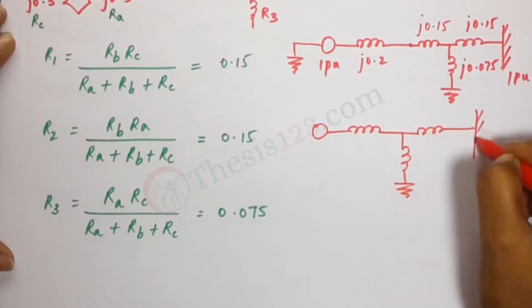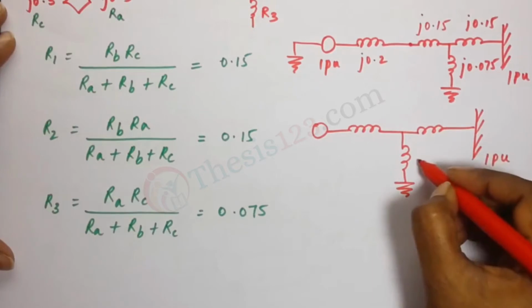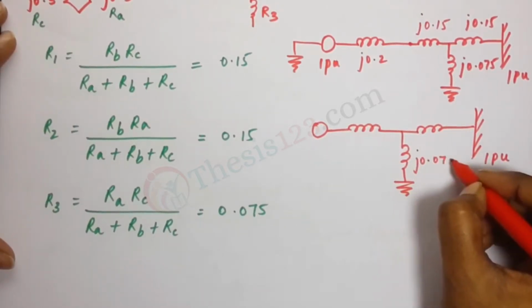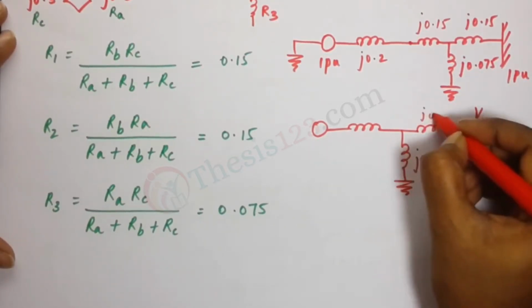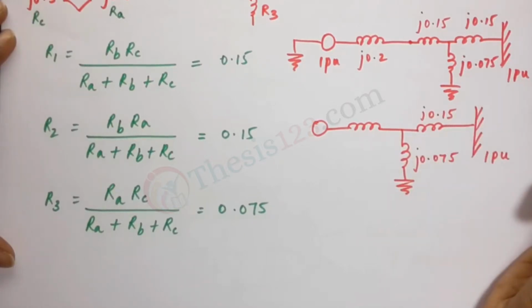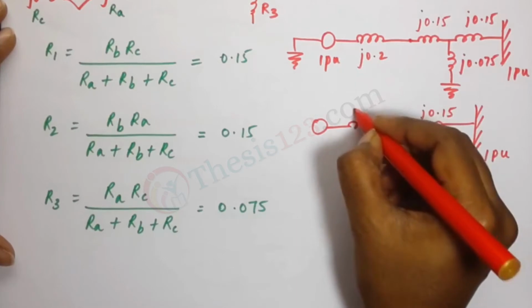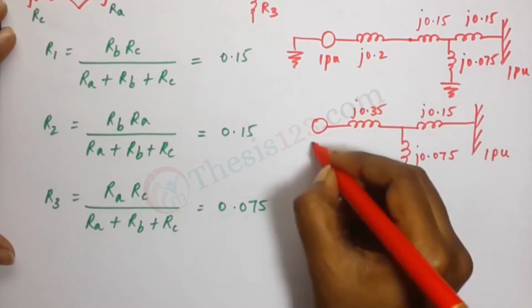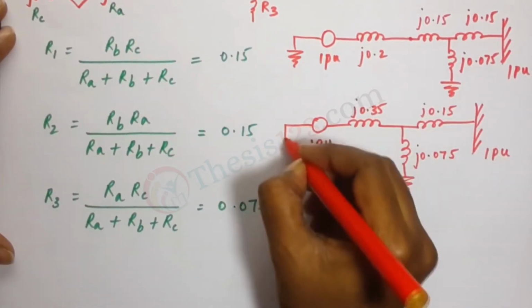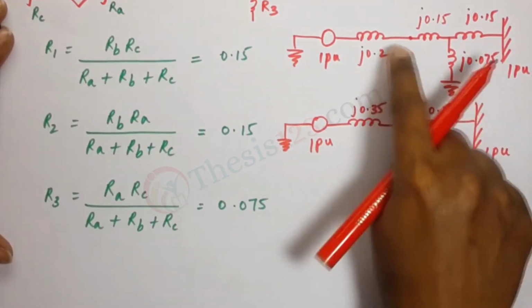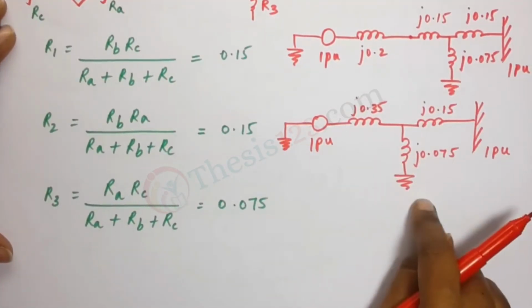So this is what we get now. This is 1 pu, this is j.075, this is 0.15, and here this is 0.2 plus 0.15, that's j.35, and here we have 1 pu. Okay, so from here, this is what we have.